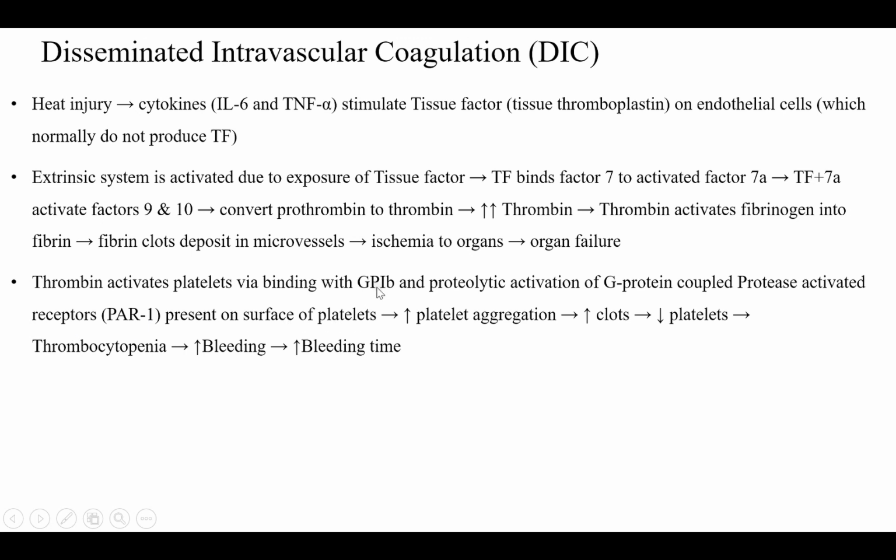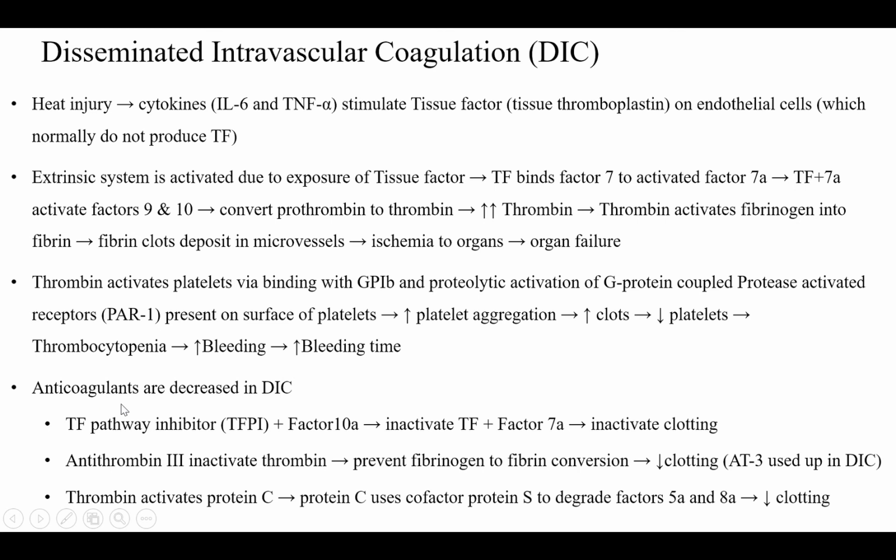These GP1B and PAR1 get activated by thrombin, and this stimulates platelet aggregation and clot formation. Too many clots cause a decrease in platelets, which leads to thrombocytopenia and increased bleeding. And anytime you have a decrease in platelets, you'll have increased bleeding time. So anytime you have an issue with platelets, bleeding time will be affected.